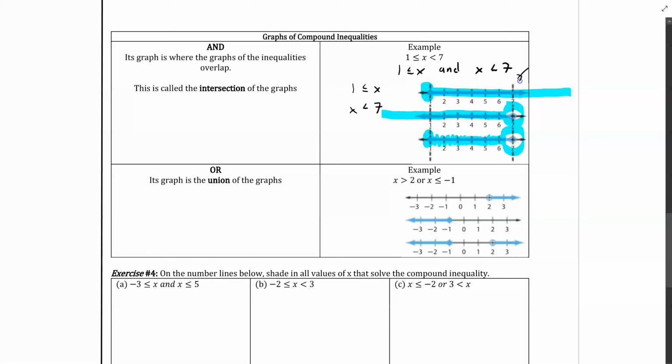In the first graph, it is filled in here. And in the second graph, it's not filled. Now remember, the definition of intersection is that it needs to be true for both graphs. Because it's not true at 7 for both graphs, the result is not filled in.